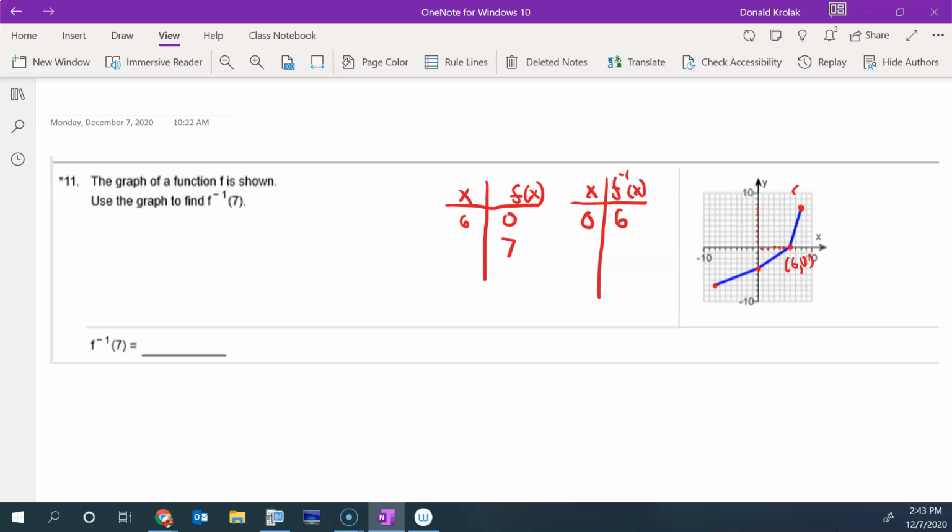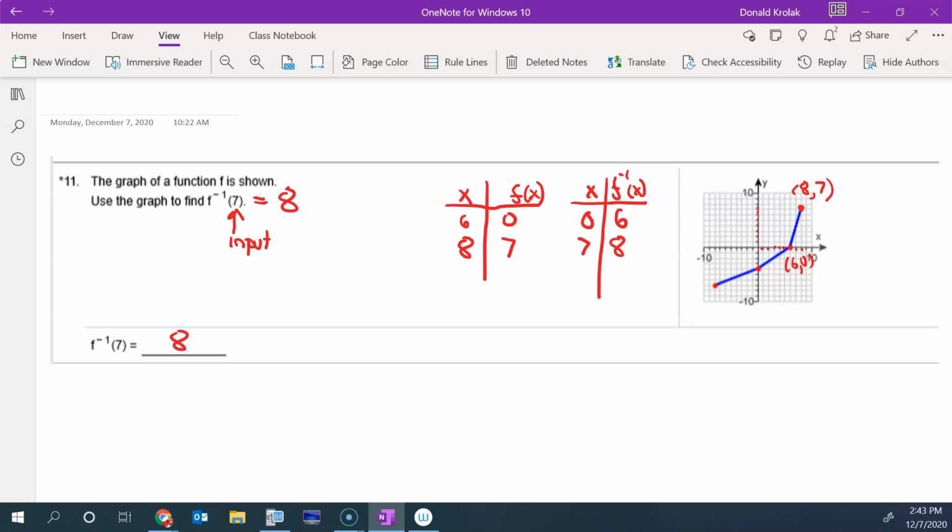That point is 6, 7, 8. That's the point (8, 7). So when x is equal to 8, 7 is my output. So when 7 is now the input into the inverse, 8 is going to be the output. So this would equal 8.